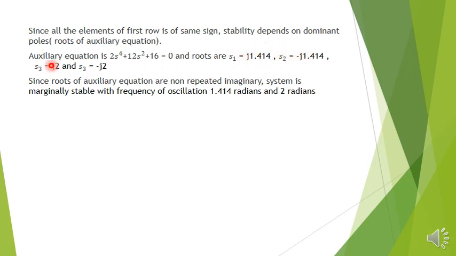All are different: plus or minus j1.414 and plus or minus j2. Since the roots of the auxiliary equation are non-repeated imaginary, the system is marginally stable with frequencies of oscillation 1.414 and 2 radians per second. So there are two frequencies of oscillation. This is about the stability of the system.